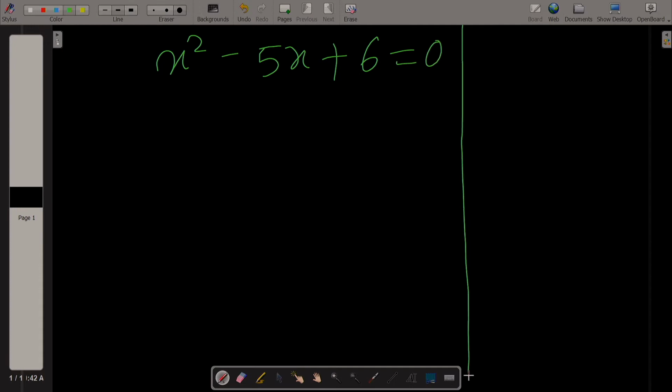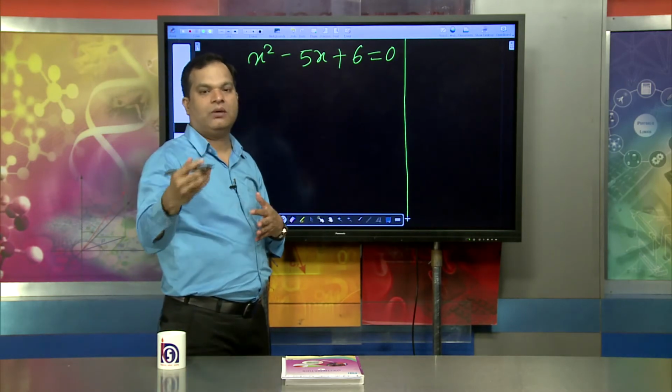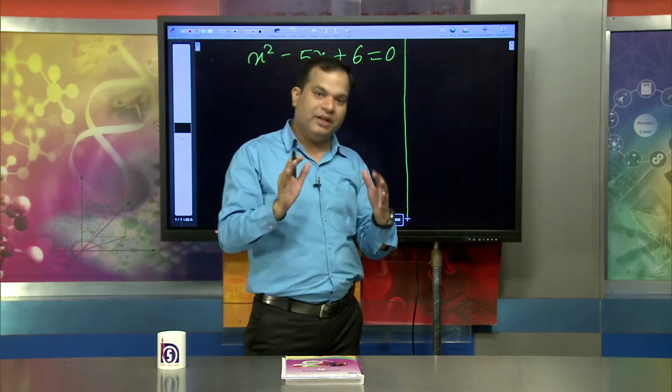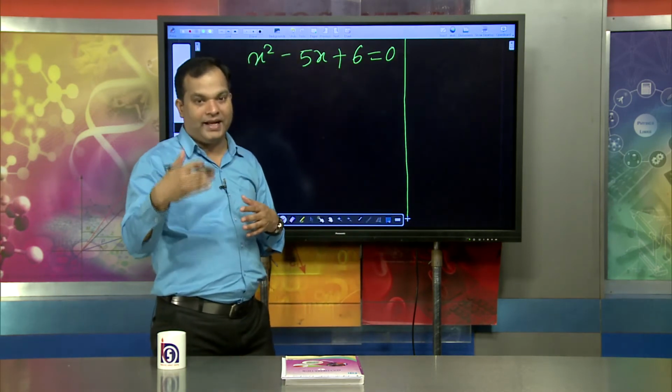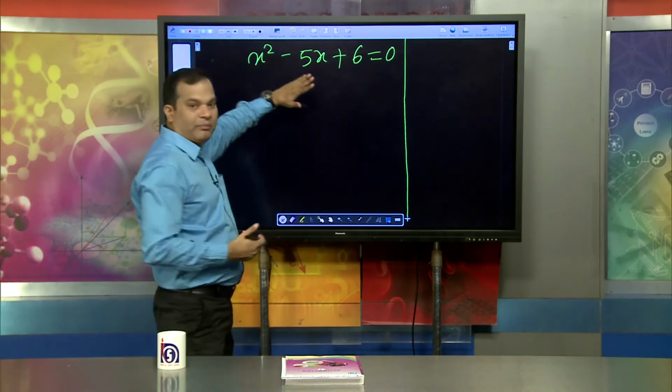Remember, this is what we first have to identify: whether this is a quadratic equation or not. Yes, it is in the quadratic form.